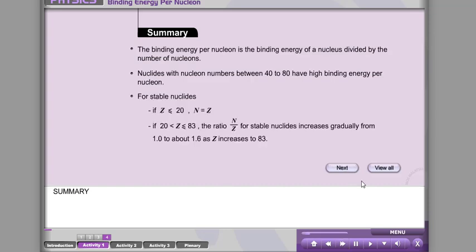For stable nuclides, if Z is less than or equal to 20, N equals Z. If Z is greater than 20 or less than or equal to 83, the ratio N over Z for stable nuclides increases gradually from 1.0 to about 1.6 as Z increases to 83. Nuclides with Z greater than 83 are unstable.